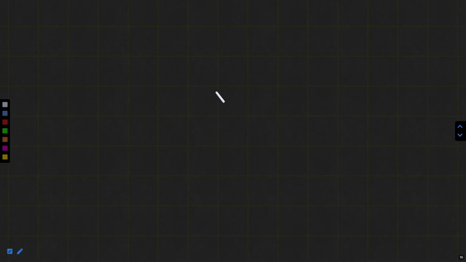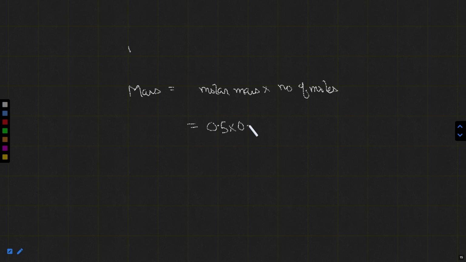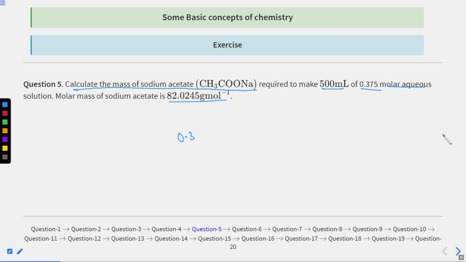We know that number of moles is given mass by molar mass. So given mass is equal to molar mass into number of moles. Number of moles we have seen is 0.5 into 0.375 and molar mass is 82.0245. So that would give us the mass in grams.